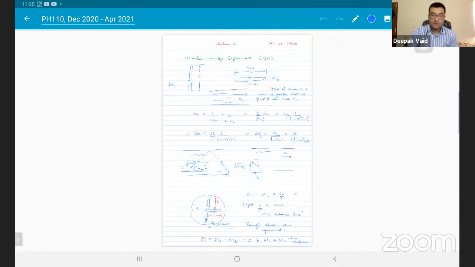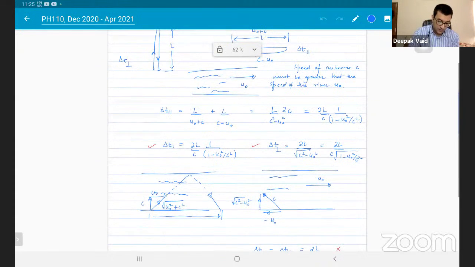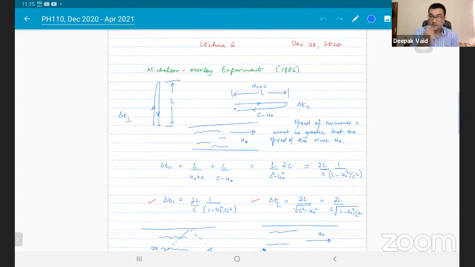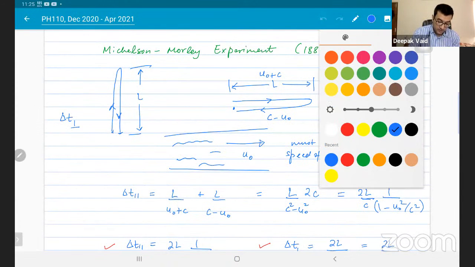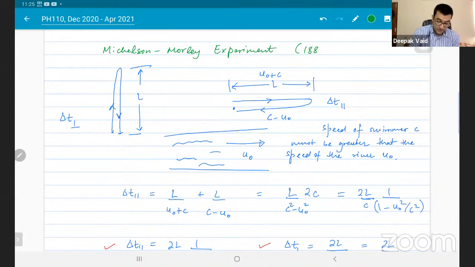Now, so far we started talking about the principle of relativity and one experiment which was designed to test, which was indirectly a test of this principle.